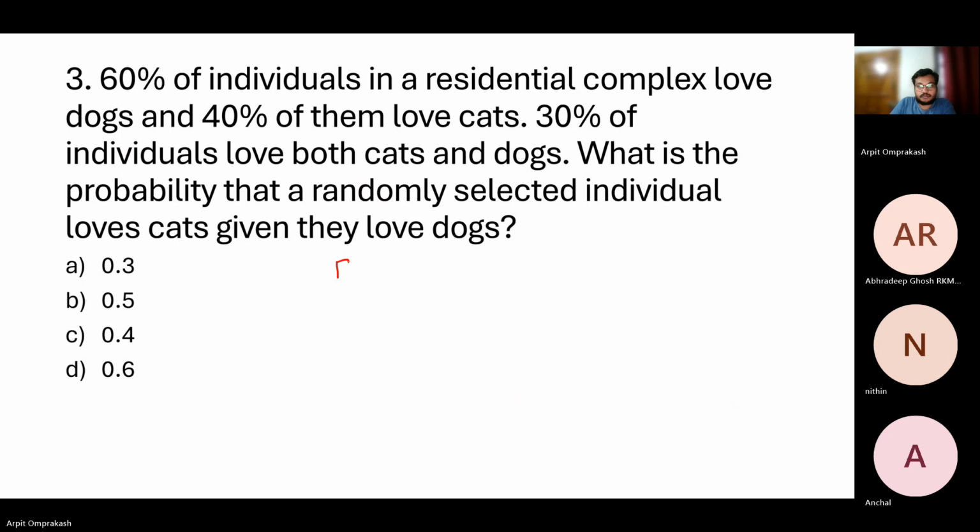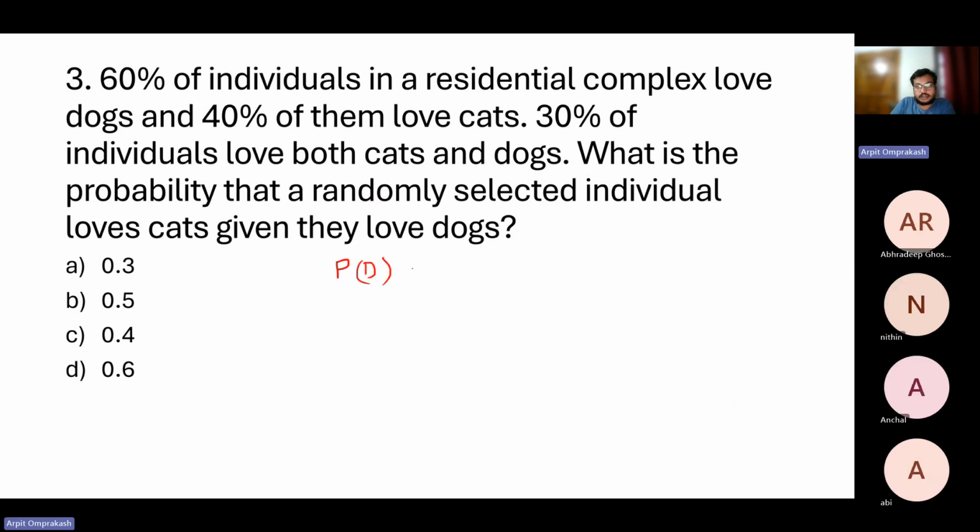So PD is basically the probability of someone loving dogs, right? So the probability of an individual loving dogs in the residential complex, which is given to us as 60% or which will be equal to 0.6. Then PC is basically the number of people that love cats, again, that is given as 40%, which is equal to 0.4.